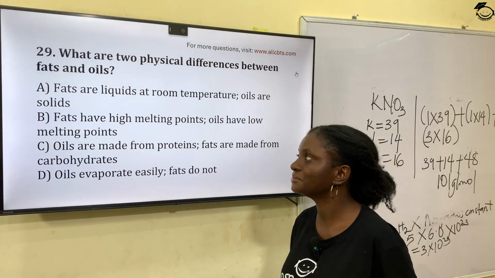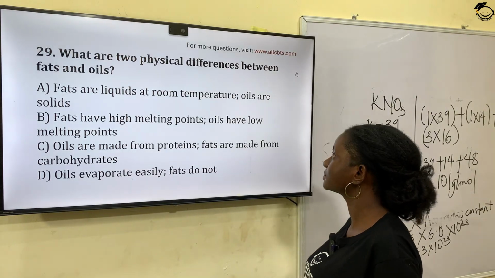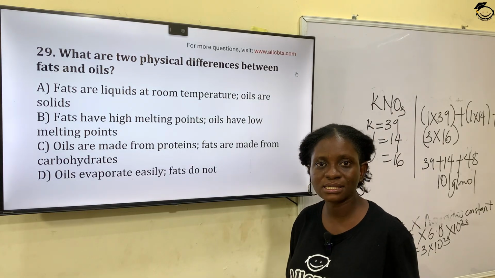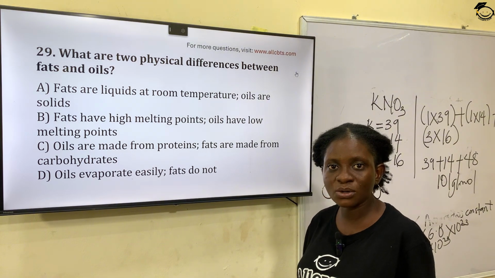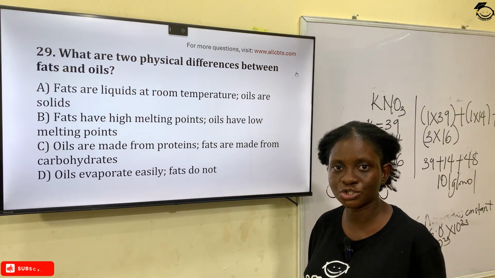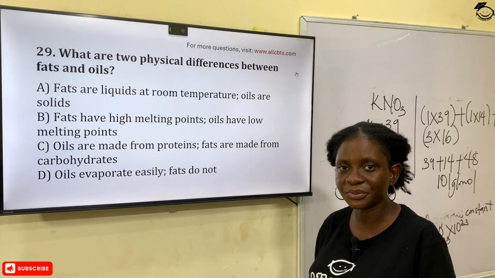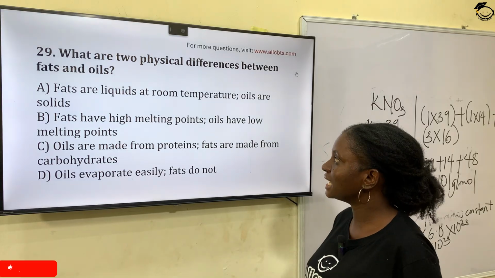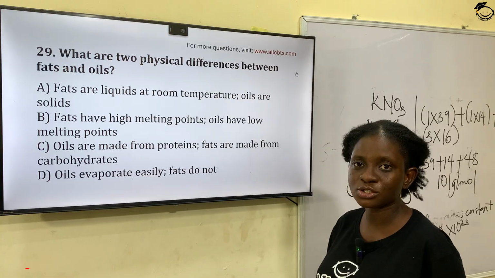Question 29. What are two physical differences between fats and oils? Fat is solid at room temperature and oil is liquid at room temperature. Just imagine butter and vegetable oil. So option A, fats are liquids at room temperature, oils are solids.